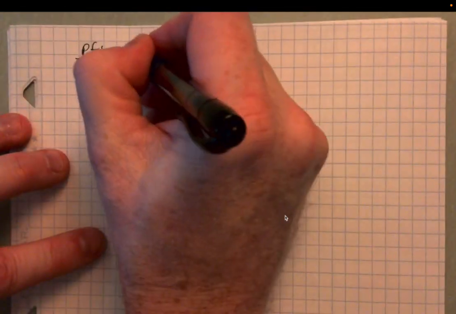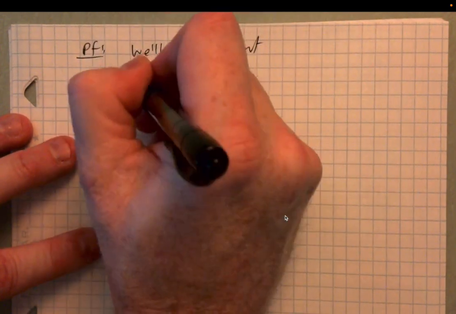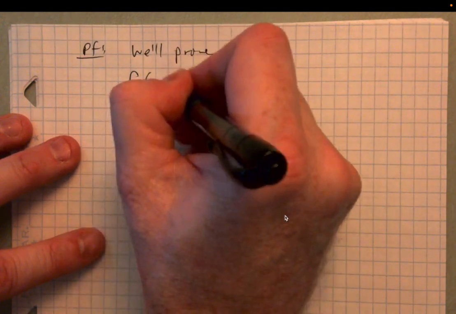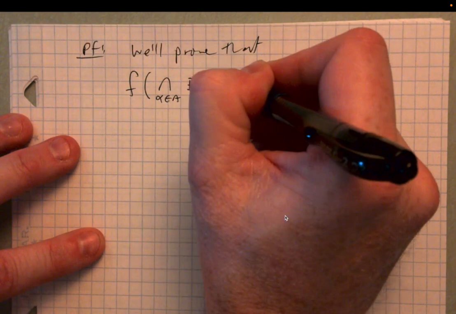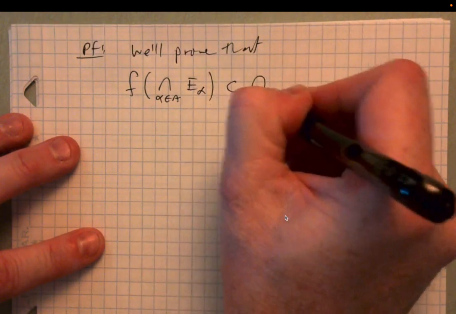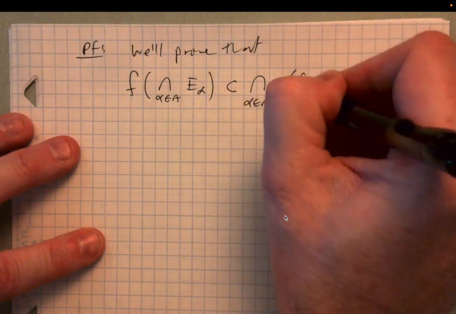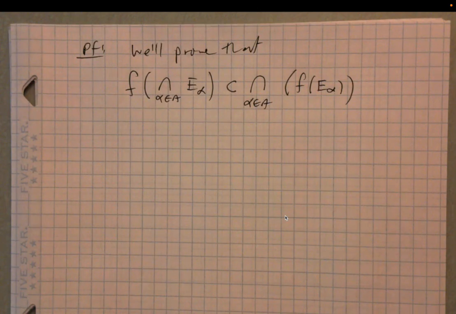So proof. And we'll prove that f of the intersection over alpha in A of E sub alpha is a subset of the intersection over alpha in A of f of E alpha. Added a parenthesis there, not a problem though.